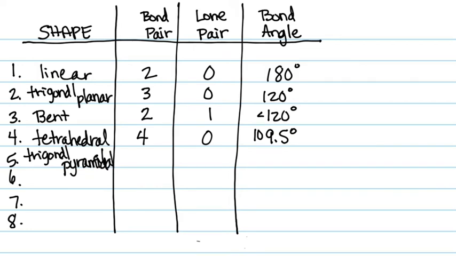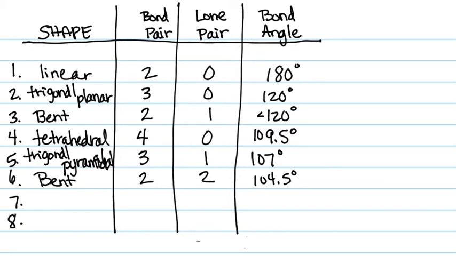And we had 4 total pair, but it's 3 bonding, 1 lone pair, for 107 degrees. And then after that, another bent or angular. Again, 4 total pair, but this time it was 2 and 2 around the central atom. And our angle was 104.5 degrees.